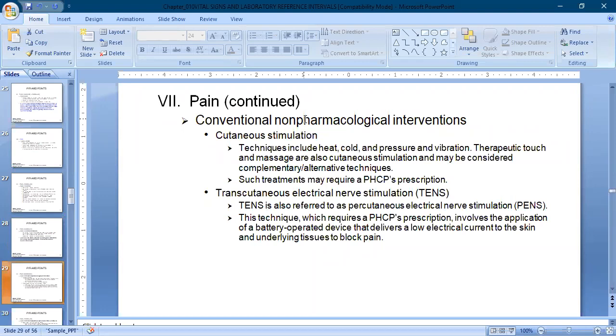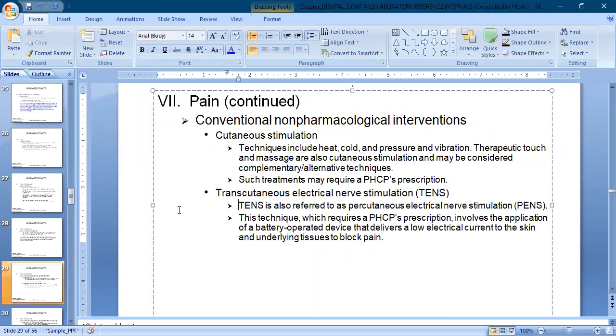Here, one is called cutaneous stimulation. The other is called transcutaneous electrical nerve stimulation, shortly called TENS, transcutaneous electrical nerve stimulation, and cutaneous stimulation.